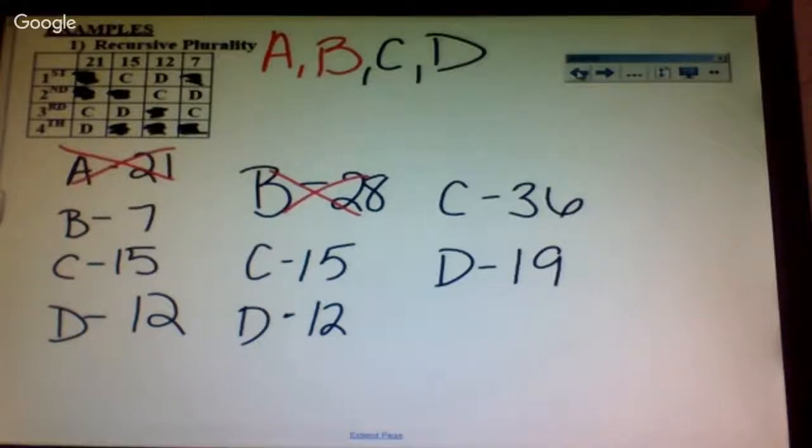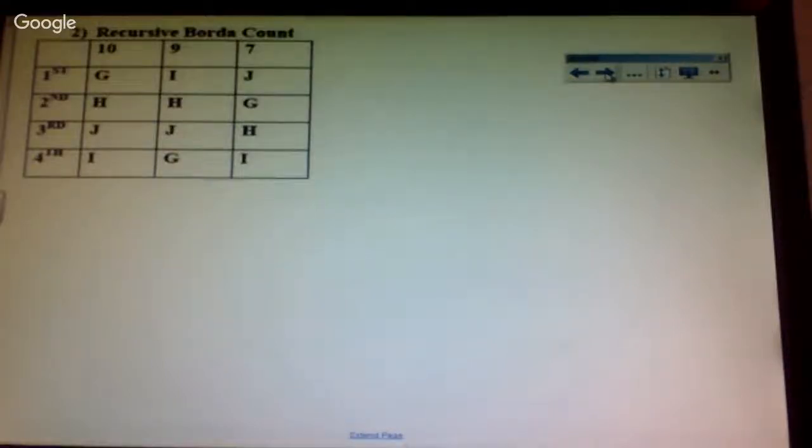All right, here's your next one, and again, this is the one you're going to hate, only because we are going to have to rewrite the preference schedule every time. Follow with me for a minute. Remember, Borda count is where we assign points: 1 point for last place, 2 points above that, 3 points, 4 points.